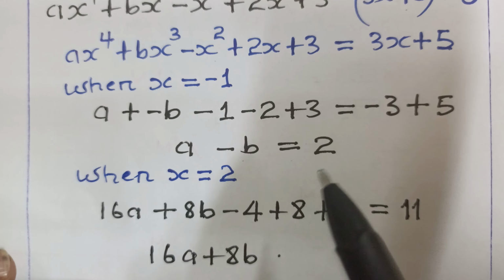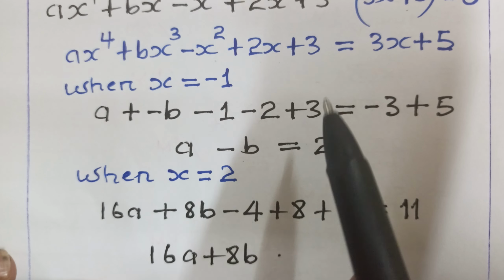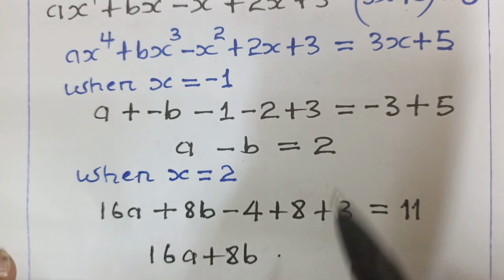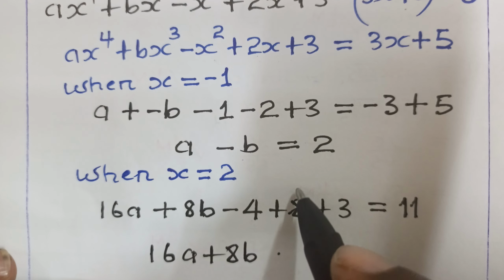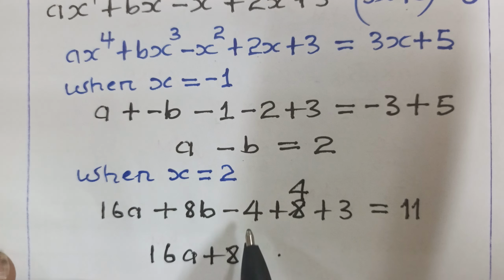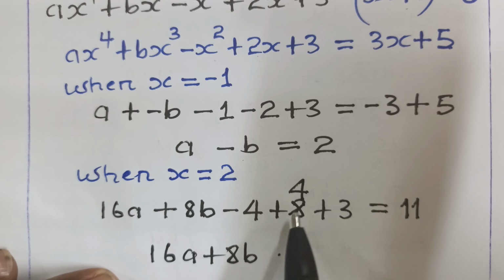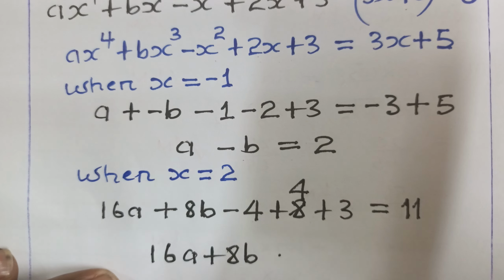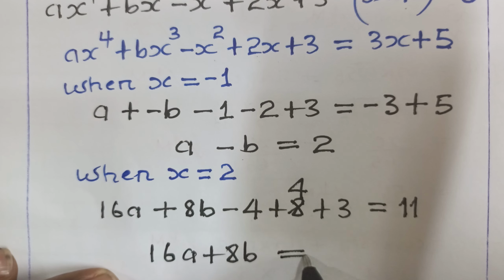Even before I continue, I can correct myself at this point: 2 multiplied by 2 is 4, I beg your pardon. So negative 4 plus 4 is 0, and this 3 we can take to the other side. That becomes 11 minus 3, which is 8.